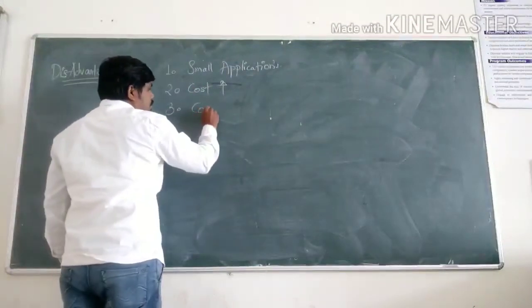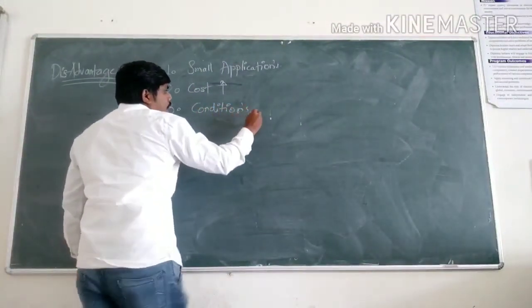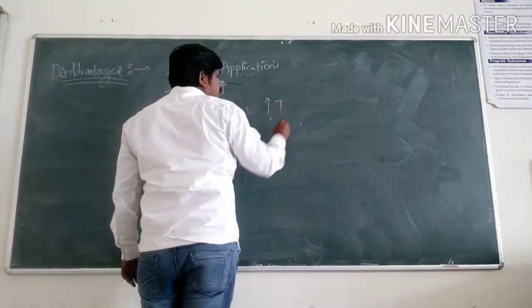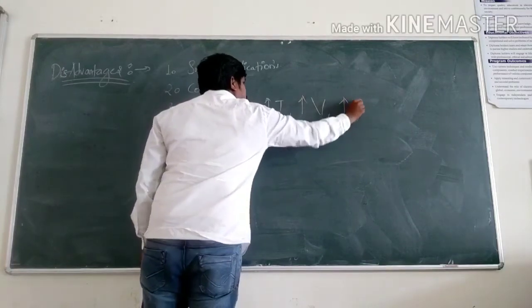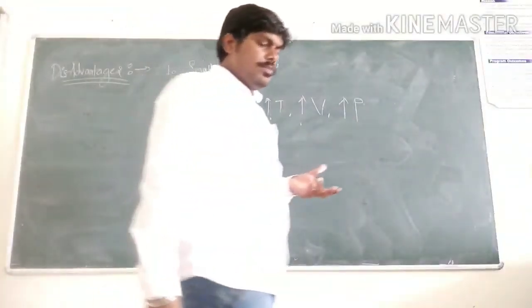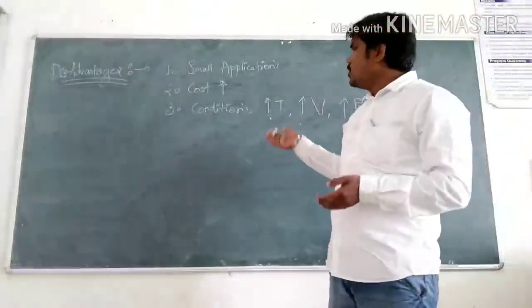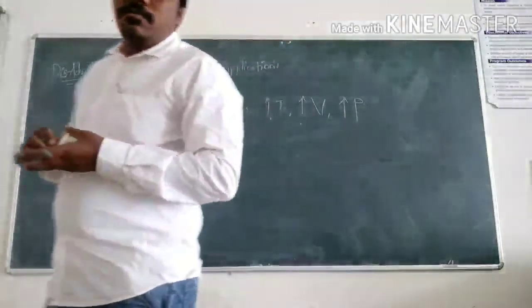Conditions like high temperature, high vibration, high pressure. In those conditions we cannot implement the PLC, because it has some disadvantages also. So in that case, a relay logic system is preferred.